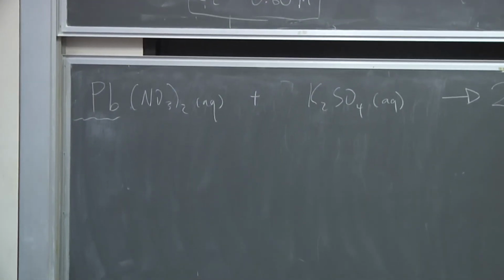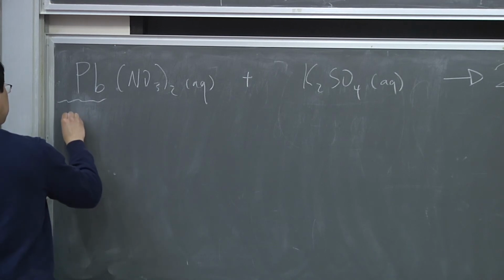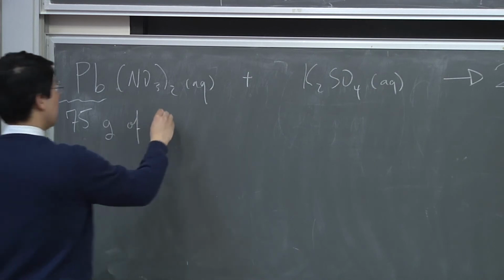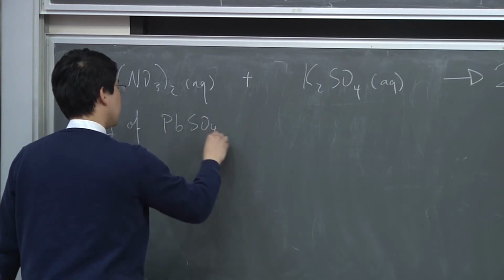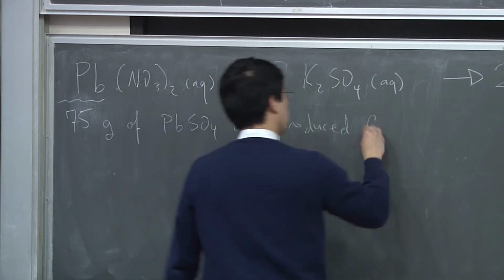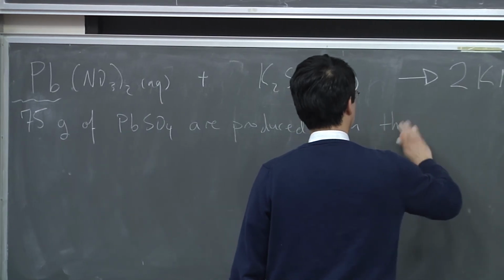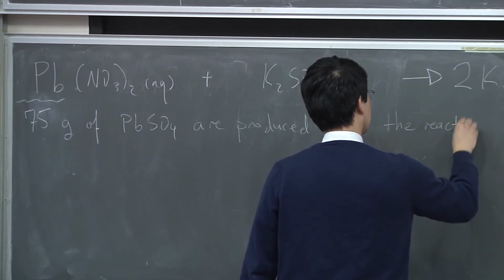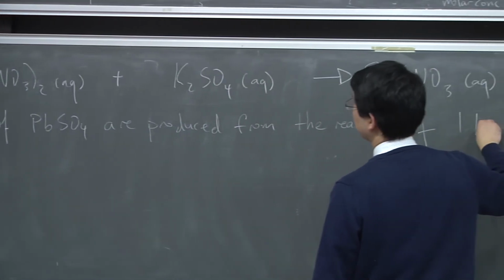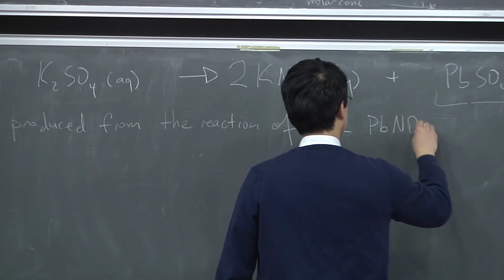Let's say I have 75 grams of PbSO4 produced from the reaction of 1 liter of PbNO3.